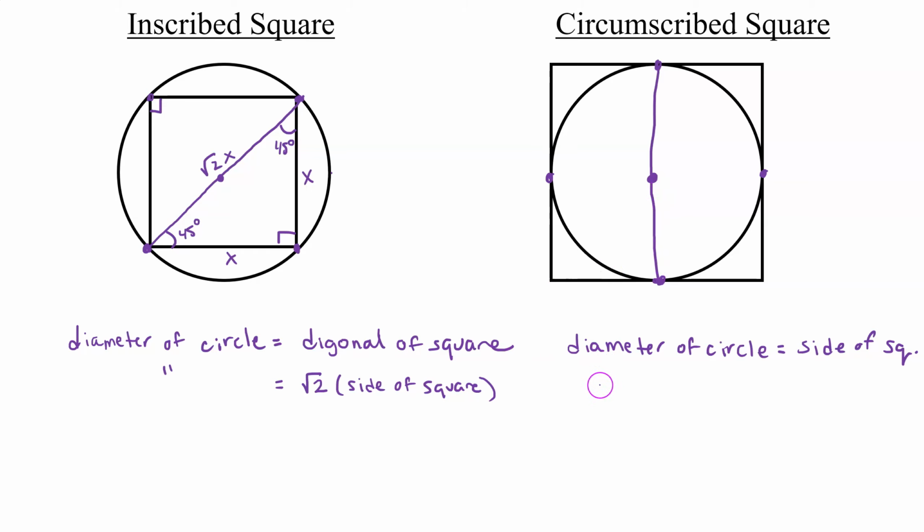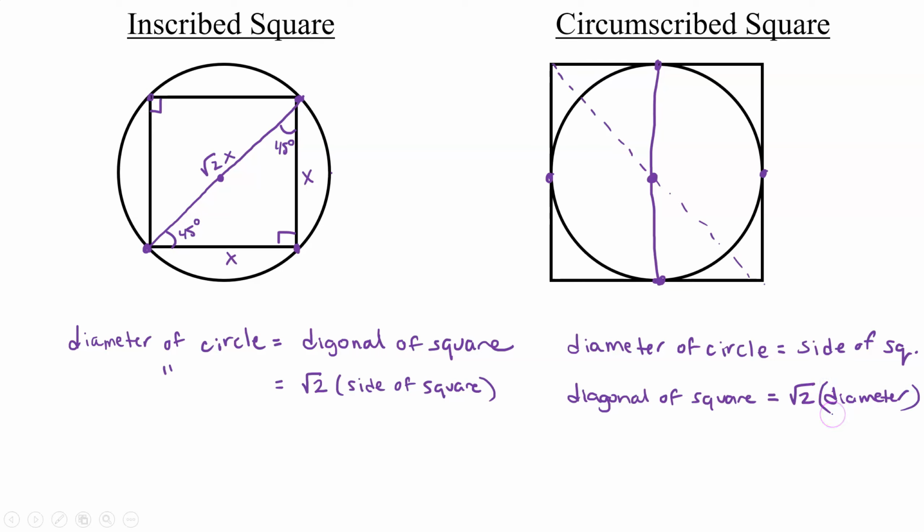Another relationship that you can say is the diagonal of the square is equal to the square root of 2 times the diameter of the circle. So the diagonal of the square, that's the dotted line I just drew up top, is equal to root 2 times the diameter of the circle.